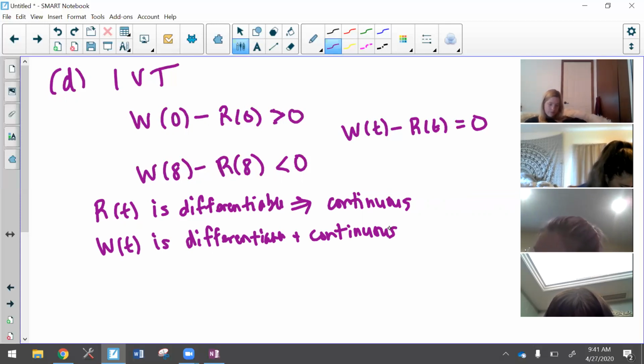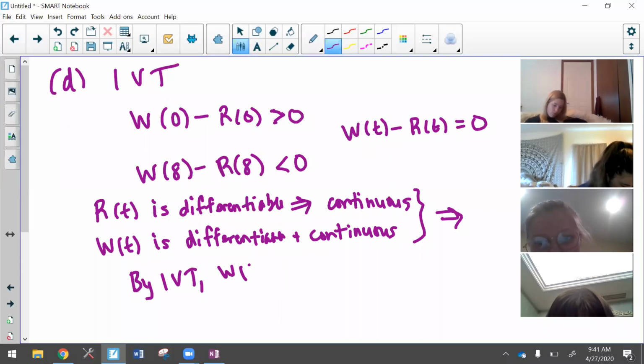So if those two things are true, that means that by the intermediate value theorem, the difference between these functions, okay, because if I take two differentiable continuous functions, if I add or subtract them, I still have a differentiable continuous function.